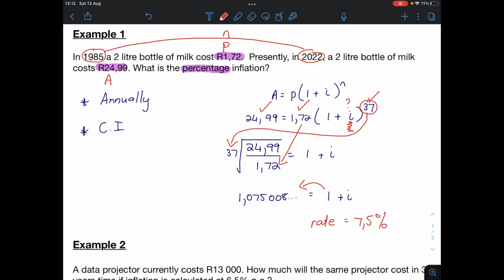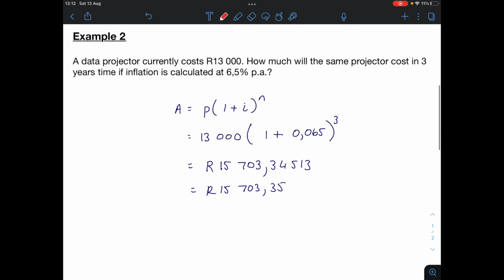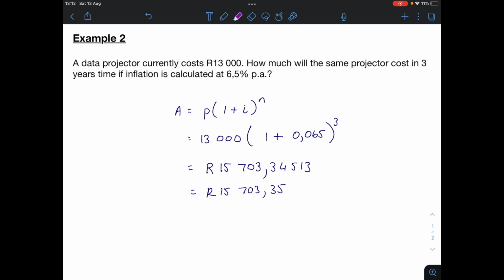Okay, hopefully you're fine with that. Let's move on to the second example. A data projector currently costs R13,000. That's now, so that's going to be our P value. How much will the same projector cost in 3 years' time if inflation is calculated at 6.5% per annum?